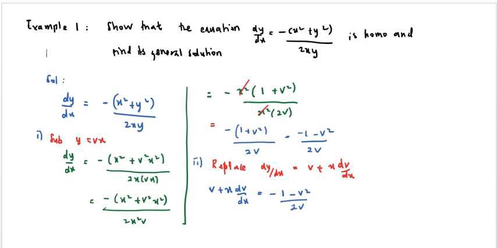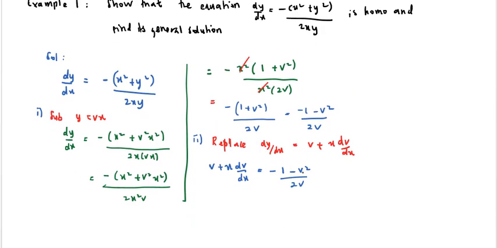So sekarang ni tujuannya kat sini kita nak dapatkan separable equation, bermakna kita kena separatekan variable v dengan x. Okay, so apa yang kita perlu buat adalah kita pindahkan dulu v ni lah to the right hand side. So kita akan dapat x dv over dx equal to negative 1 negative v square over 2v minus v.